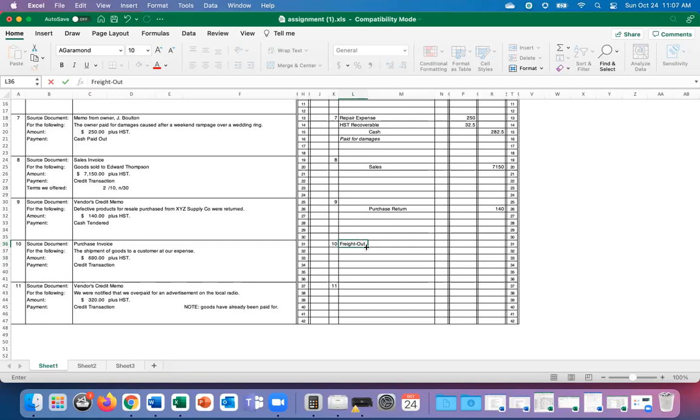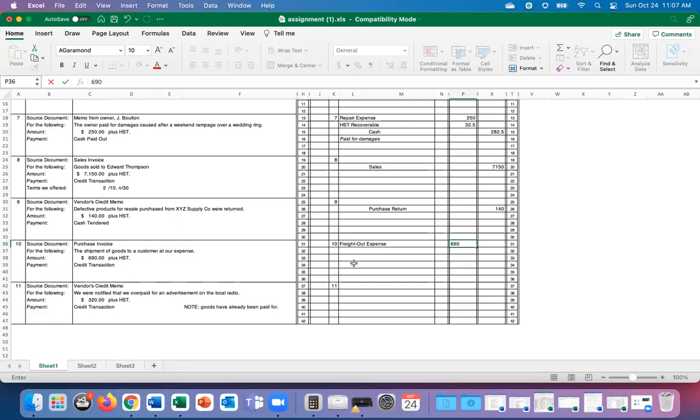And so that is going to be an expense account, the freight out expense account. This is one of our operational expenses, the money that it takes us to do our business. And that one's going to be a debit, for the $690, because that's what we paid in order to have our product shipped to our customer.